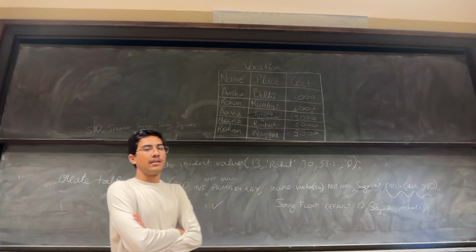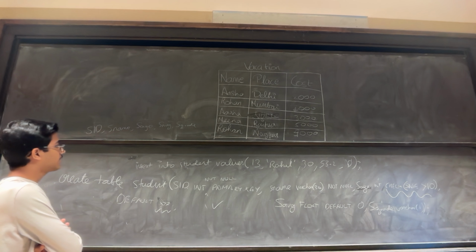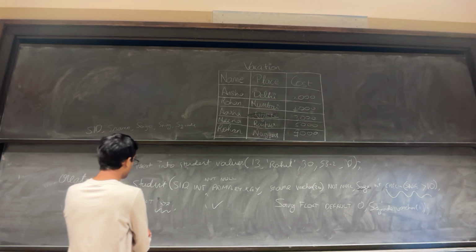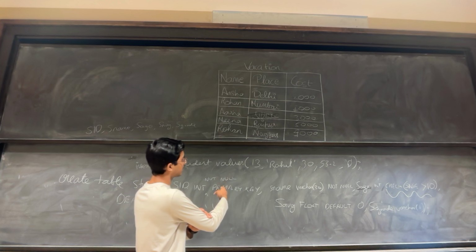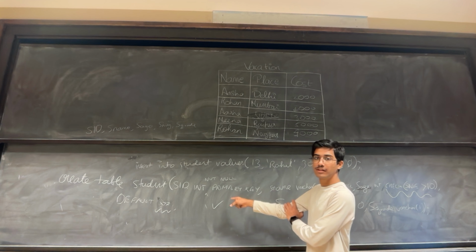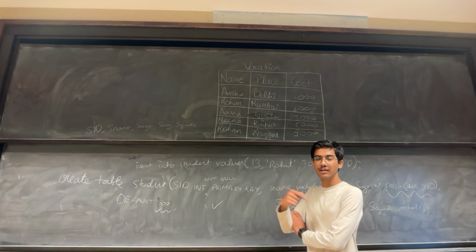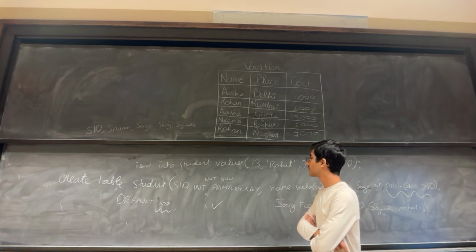Okay. Here, let's say that I change the values now. For my SID, if I try entering 13 again and I change all the remaining values, it's still going to raise an error because student ID is a primary key. It cannot have the same value appearing in it twice.